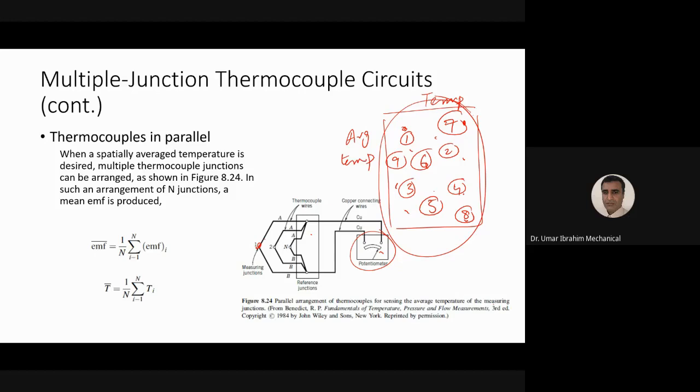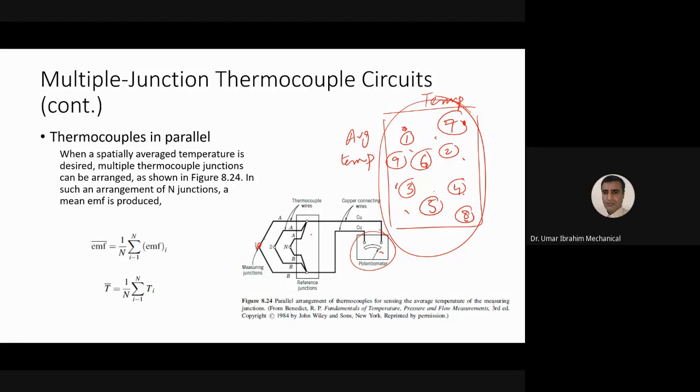After that, we discussed series and parallel configuration of thermocouple and utility of those configurations to verifying uniform temperature assumptions, or to find the average temperature value of a surface.